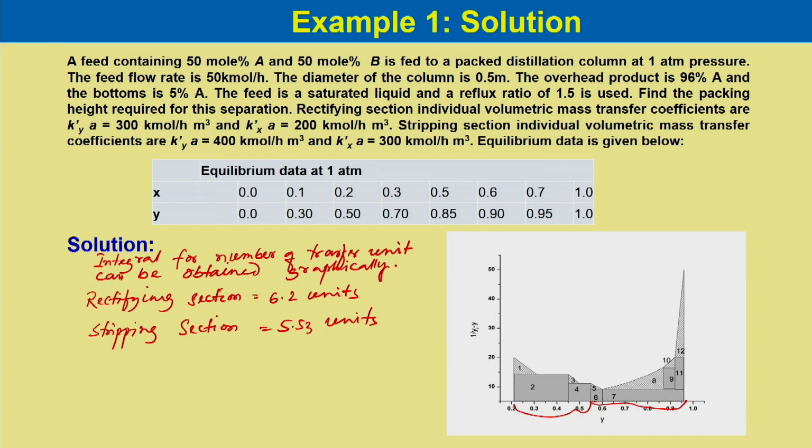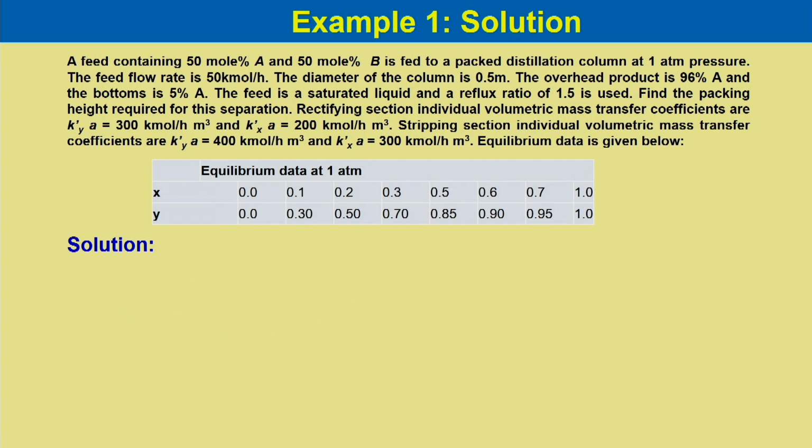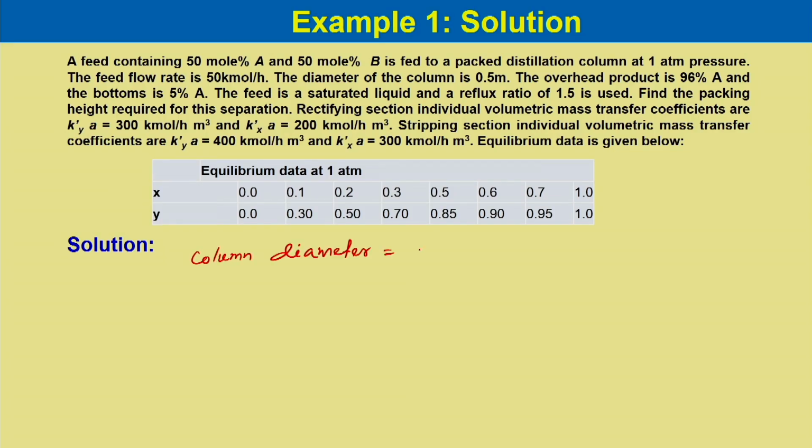Once we obtain this, we can calculate the height of the tower. As we know, the column diameter is 0.5 meter, so we can calculate the cross sectional area of the tower, which is about 0.1963 meter square.